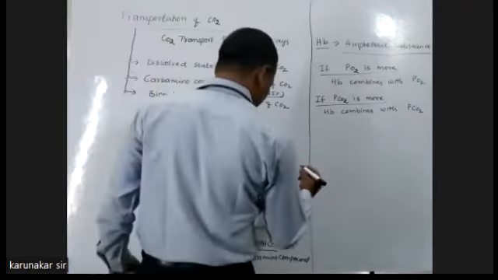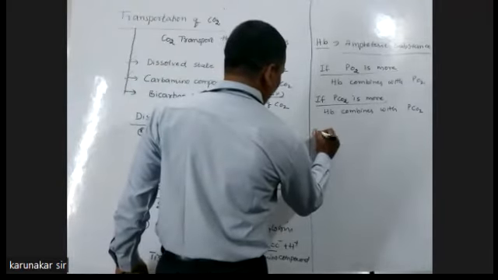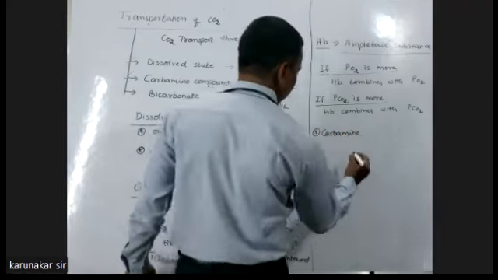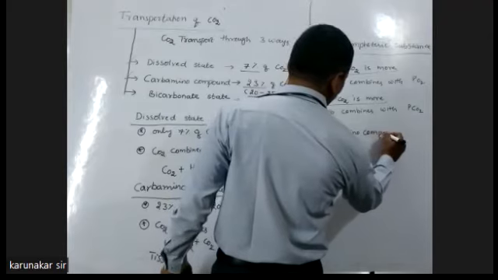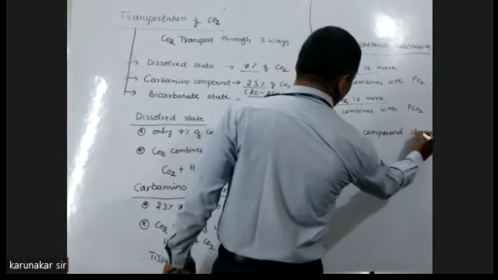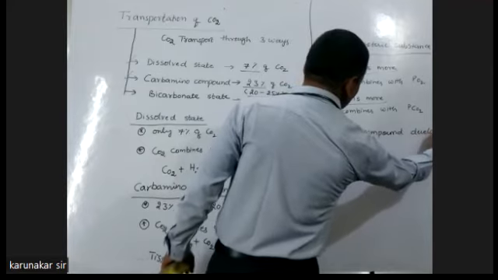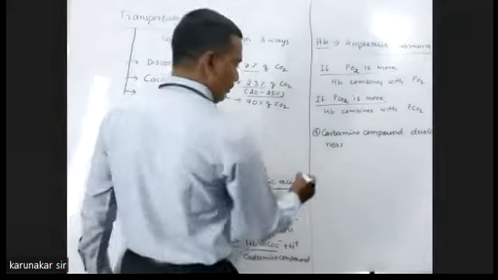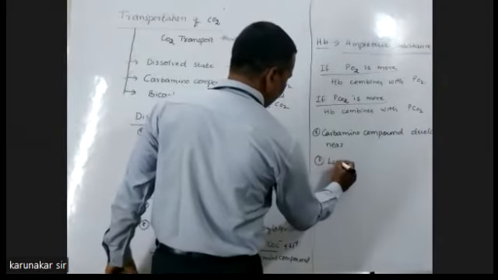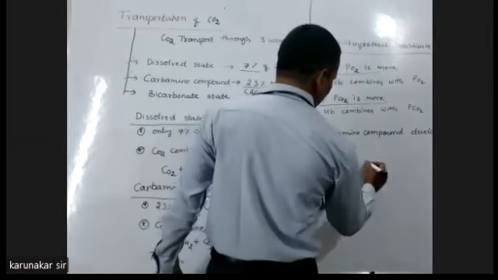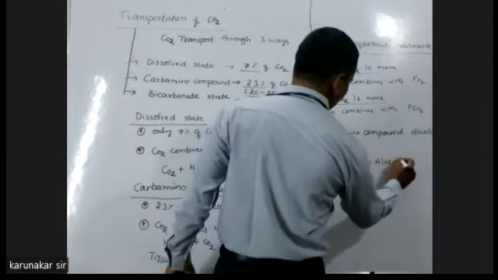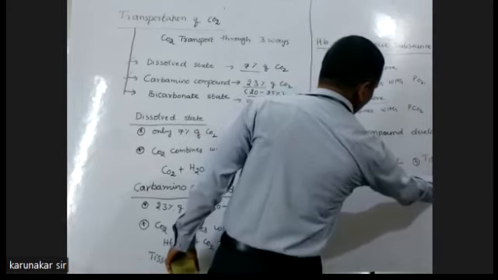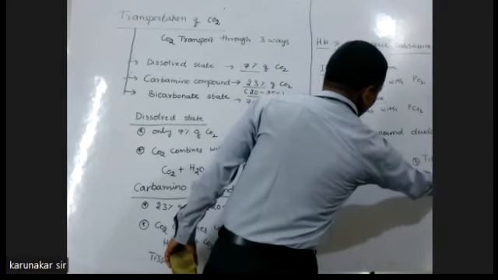Listen to me. Carbamino compound develops near: first one lungs, second one alveoli, third one tissues, fourth one none.